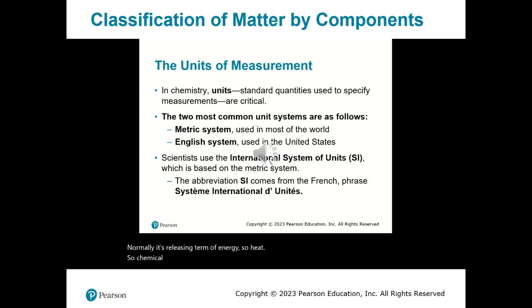And then you get there and you get 1,000 cents. And he says, but I thought it was $1,000. Could be, but it wasn't. This is how important units are. In chemistry, units, the standard quantities used to specify measurements, are critical. The 2 most common unit systems are as follows.